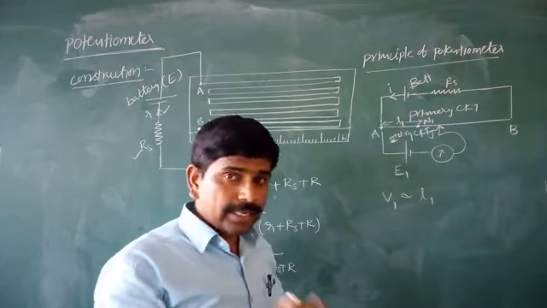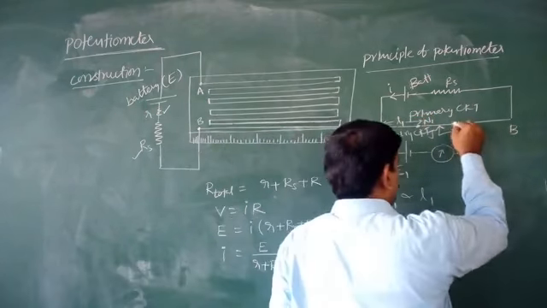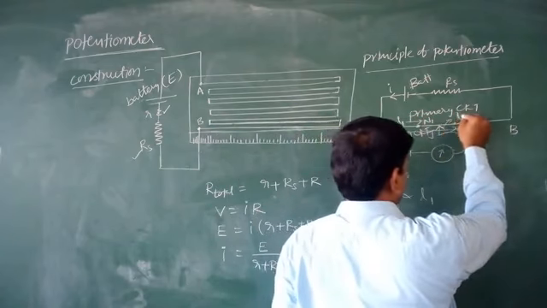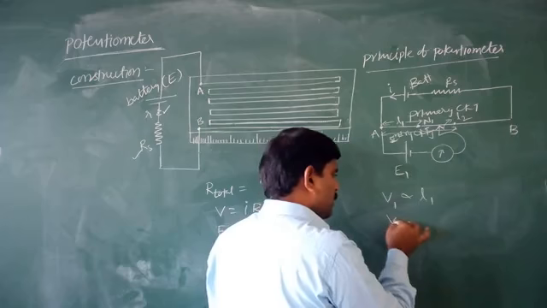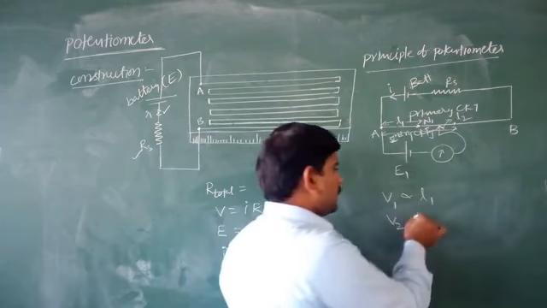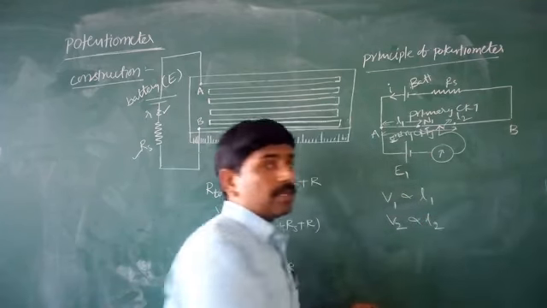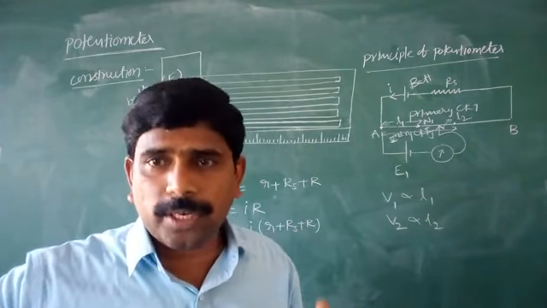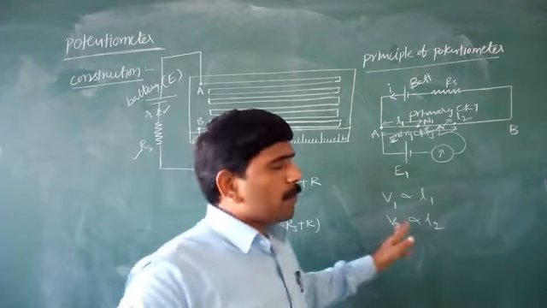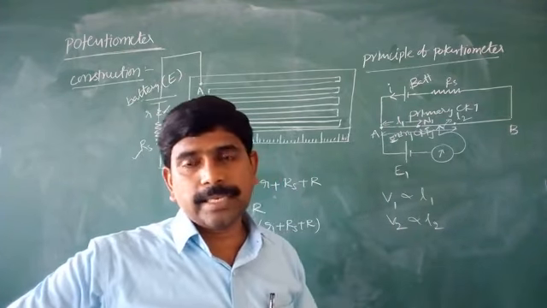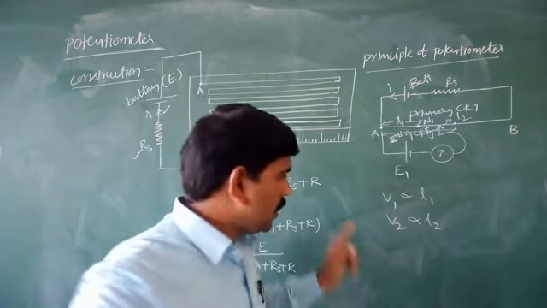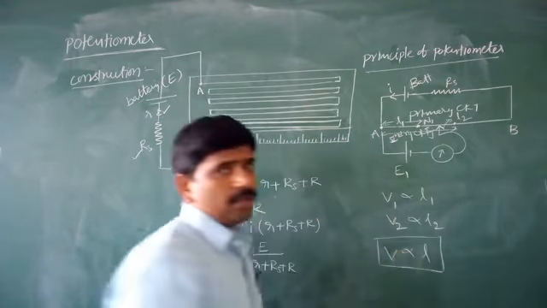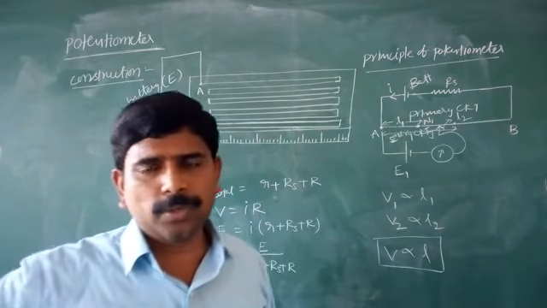If you take length L2 of the potentiometer wire, the potential drop is V2, and V2 is directly proportional to L2. So the potential drop across the length of the potentiometer wire is directly proportional to its length. This is the principle of the potentiometer.